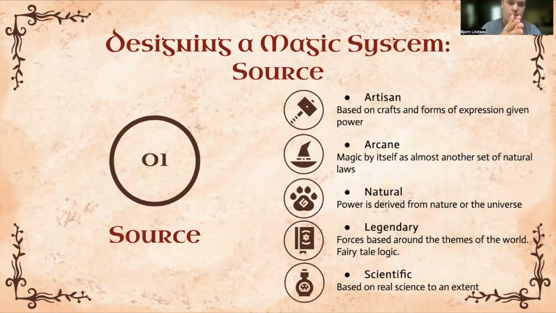And then scientific magic. This is really weird. I could not find very good examples of this. Good examples would be like the Hulk from superhero media, Marvel specifically, or, this might be a bit more obscure, Fullmetal Alchemist.